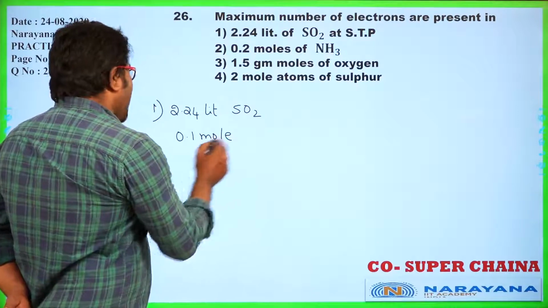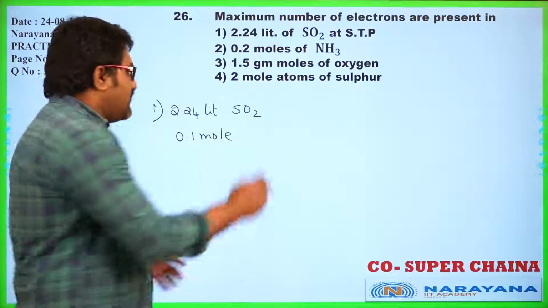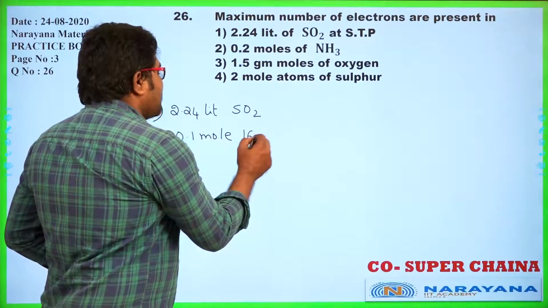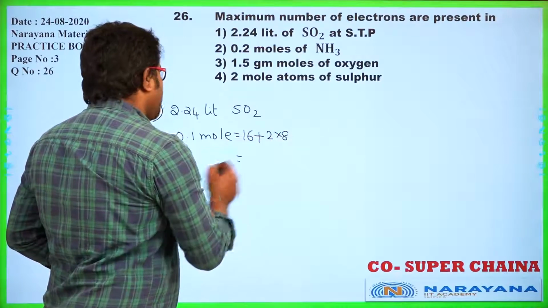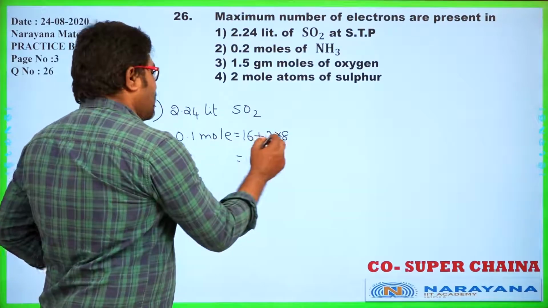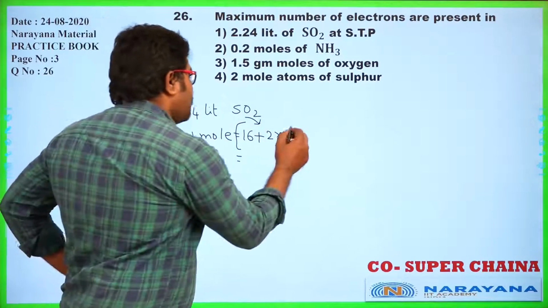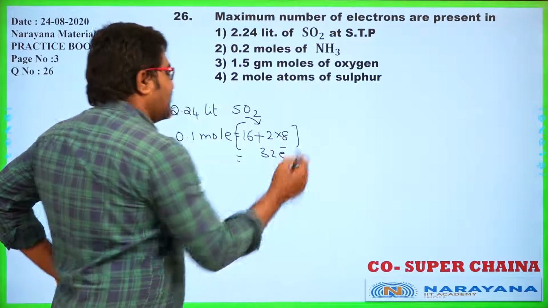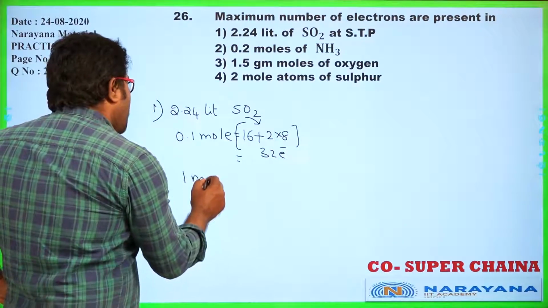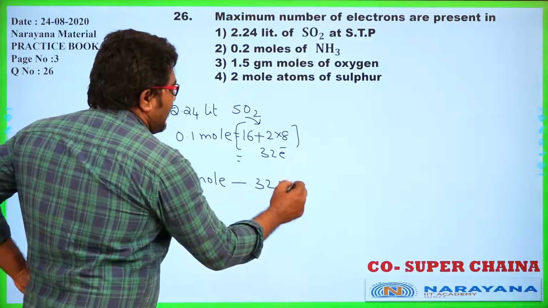In sulfur dioxide, the atomic number of sulfur is 16, plus oxygen 2 into 8, so 32 electrons in 1 mole of SO2. So if you take 1 mole of that compound, you have 32 moles of electrons.